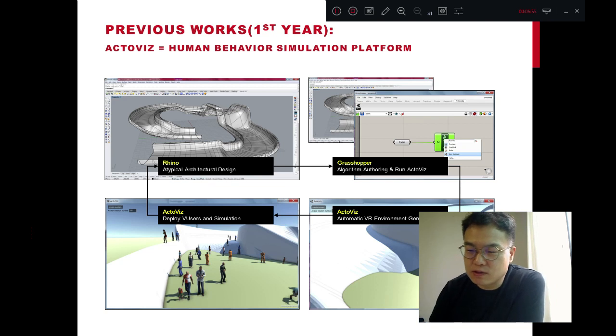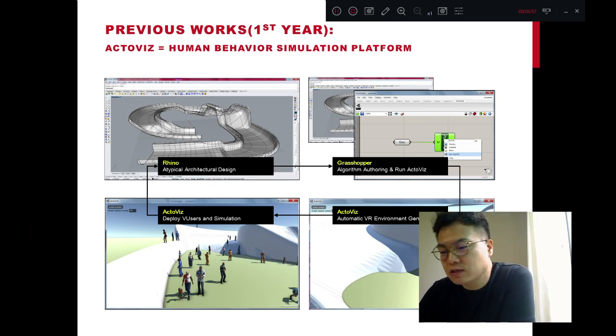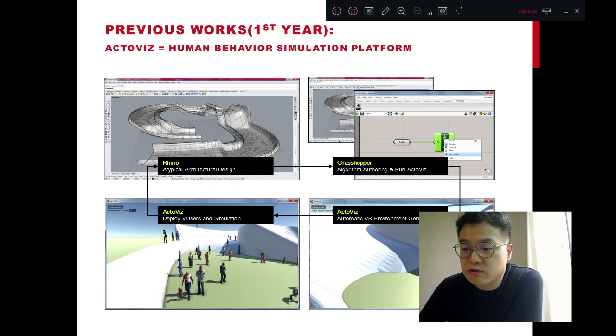Octo is actor or actress, and Beige is visualization. So Octobeige means this system provides visualization of human behavior for architects.